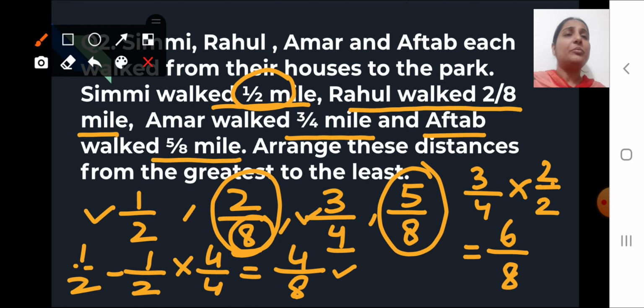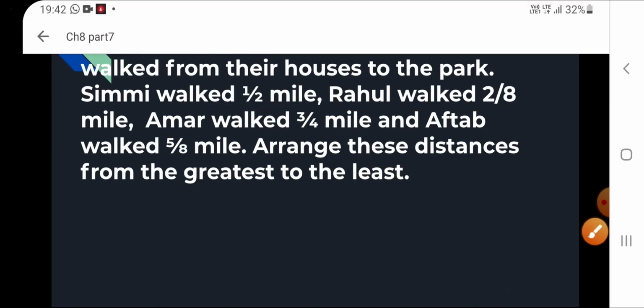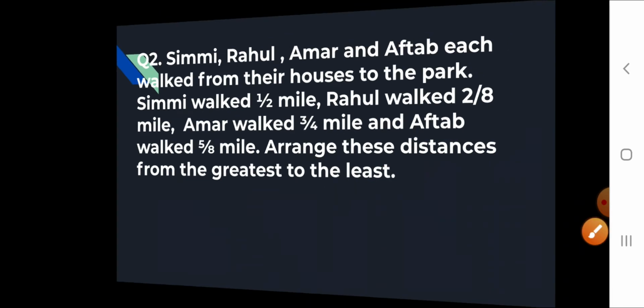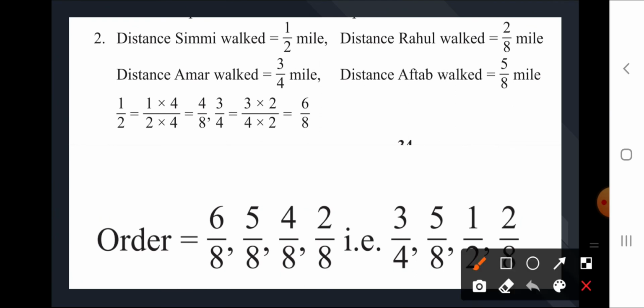Okay. So here we have to arrange these distances from the greatest to the least. You can see the distance Simmi walked: she walked 1/2 mile. It has been given.